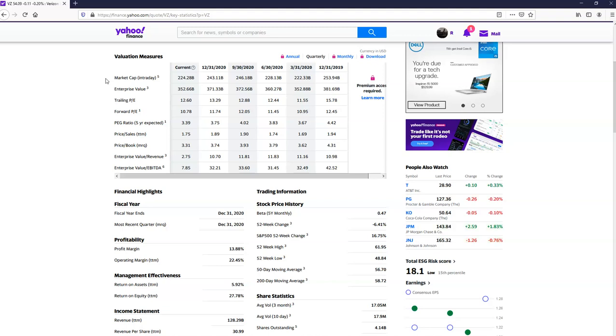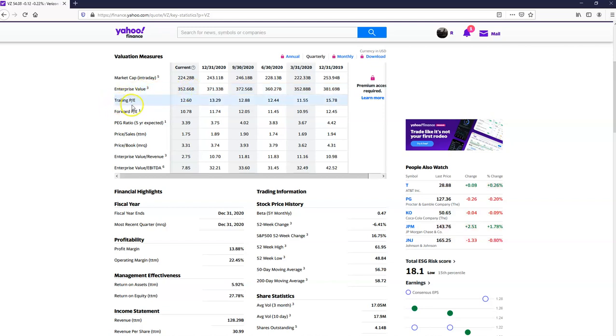So if you look at all the stock outstanding, times the price of the stock today, that is what the market cap is. The enterprise value is the accounting value of the company. So this is what the company says they're worth on their books.